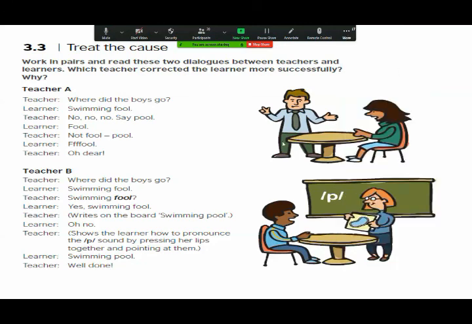The first one, as you see in the picture, is so angry and grumpy, and he said no. Oh dear. The second one is different, and she always has a smiley face. She wrote the sound on the board. I think the second one is more successful.